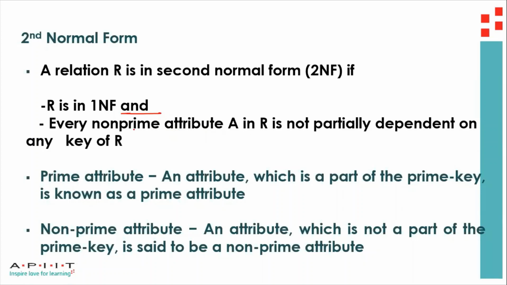Here we have another new word called non-prime attributes. Children, we have two types of attributes within a relation: prime attributes as well as non-prime attributes. So I'll take one example.